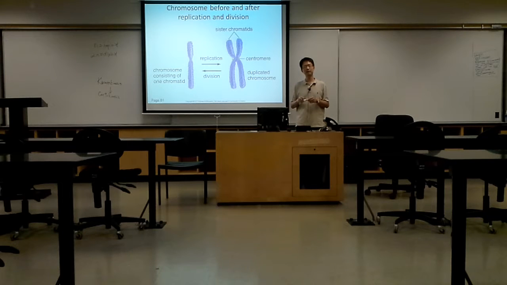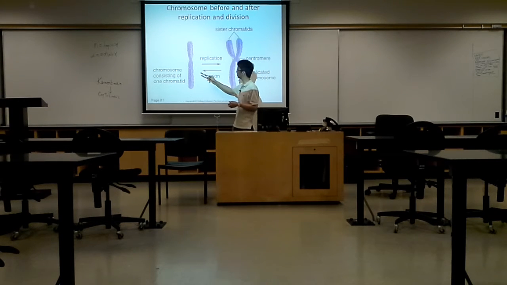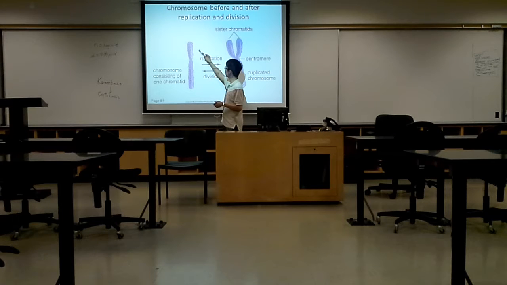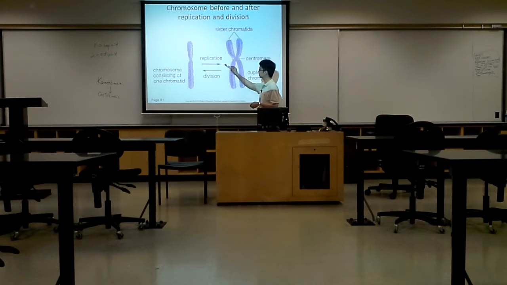My question to them is: before cell division, how many chromatids do we have? And after cell division, how many chromatids do we have? Here it is very clear. We call this a chromatid. Before cell replication, we have one chromatid. But after the replication, we have two chromatids.